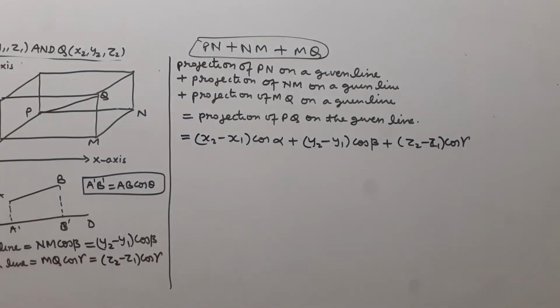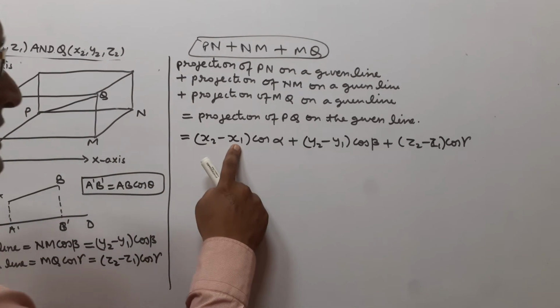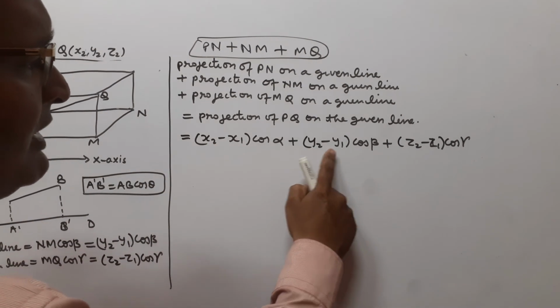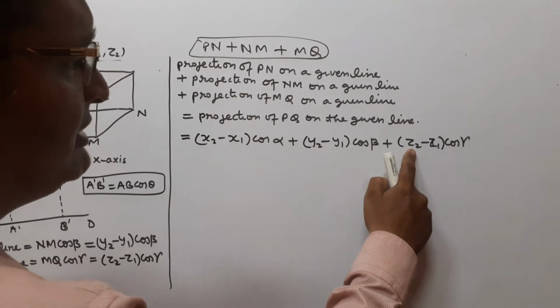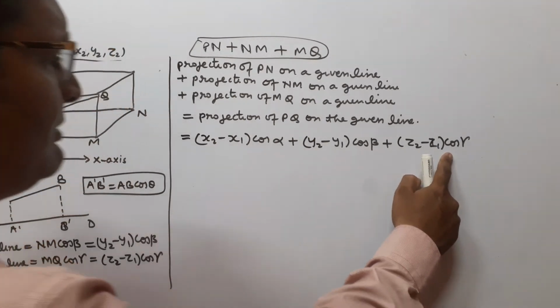So we can see that the projection of this PQ line on a given line whose direction cosines are l, m, n can be written as x2 minus x1 cos alpha plus y2 minus y1 cos beta plus z2 minus z1 cos gamma.